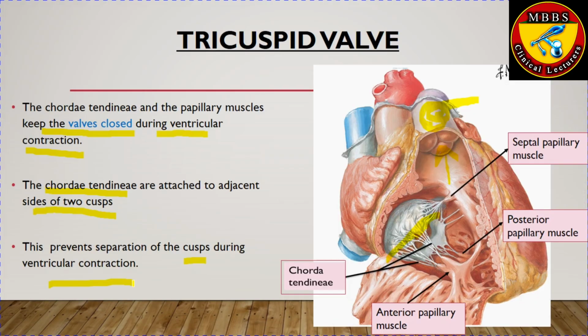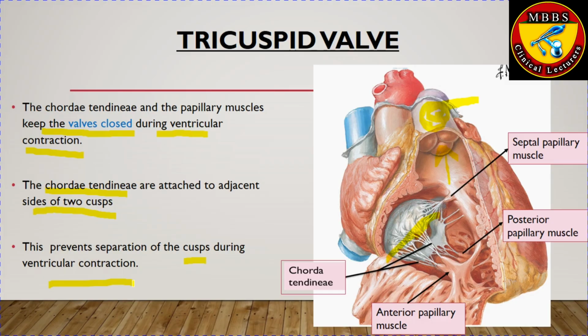Okay, so now we are going to move to the pulmonary valve, but before moving to the pulmonary valve, we are going to revise the tricuspid valve. We said it is guarding the right atrioventricular orifice. It is made up of three cusps, septal cusp, anterior cusp, and the posterior cusp.